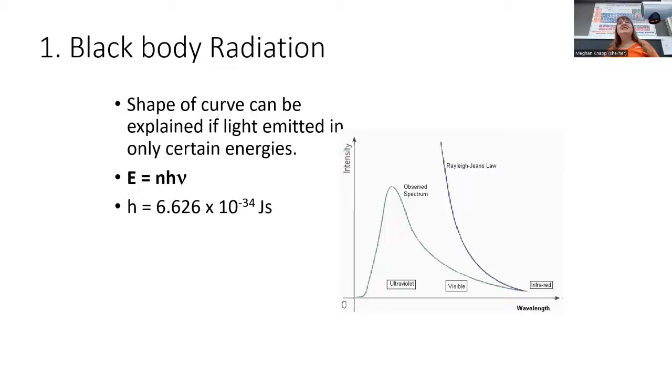So this says an individual little piece of light, which we're going to call a photon, doesn't have very much energy. But in order to see anything, we need a whole bunch of photons. When we use this equation, we're basically just going to assume there's always one photon.